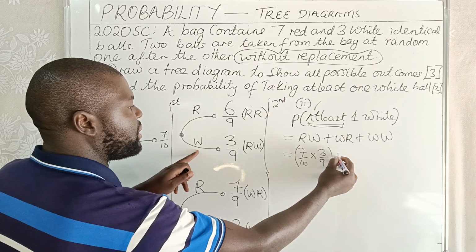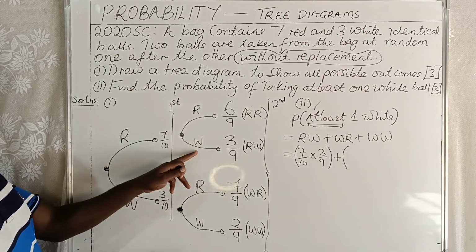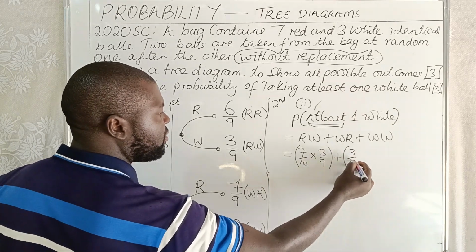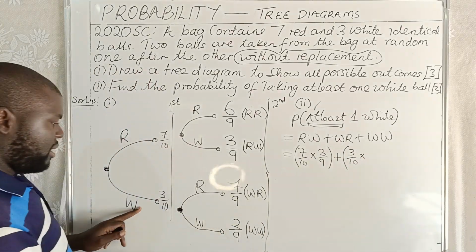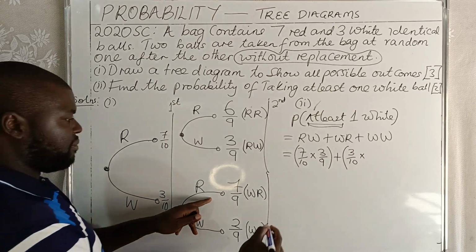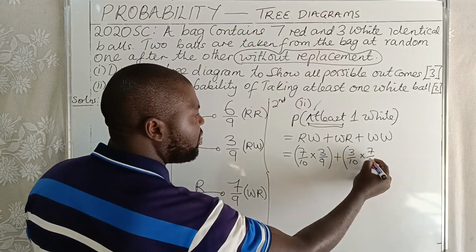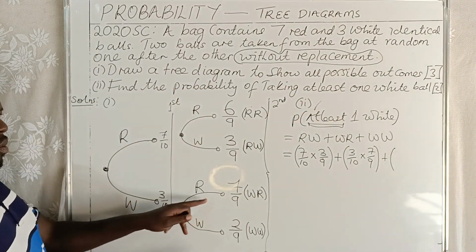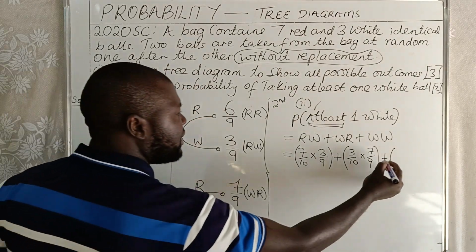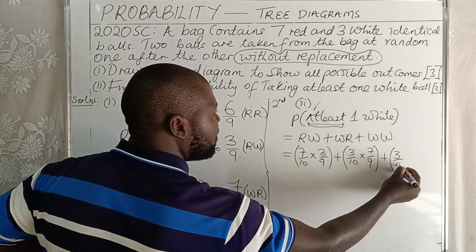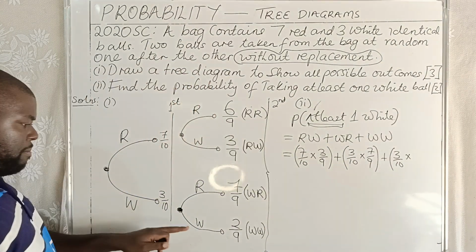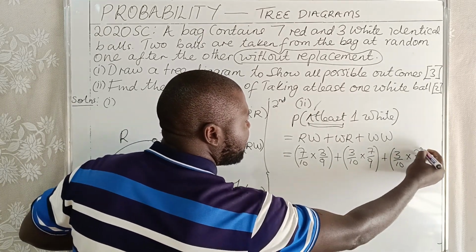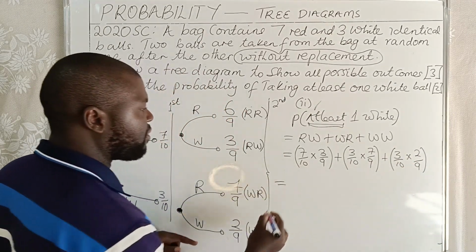Whatever we shall get, we shall add to white, red: 3 over 10 multiplied by 7 over 9, plus white, white: 3 over 10 and 2 over 9.